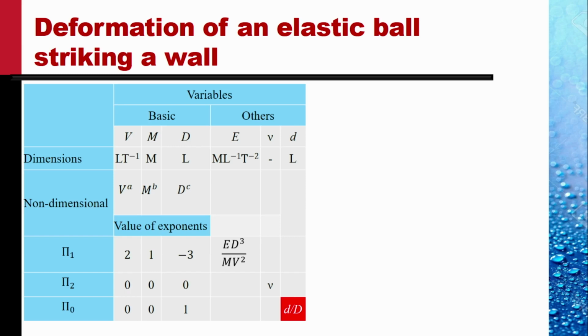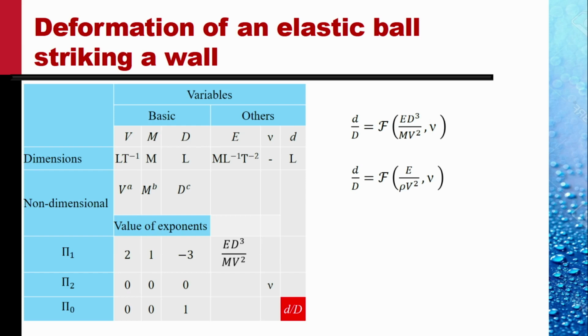And so, the functional relationship would be something like this. Lowercase d divided by capital D is a function of E D cube by m v square and nu, the Poisson ratio.